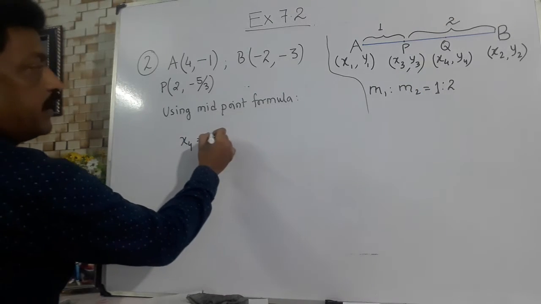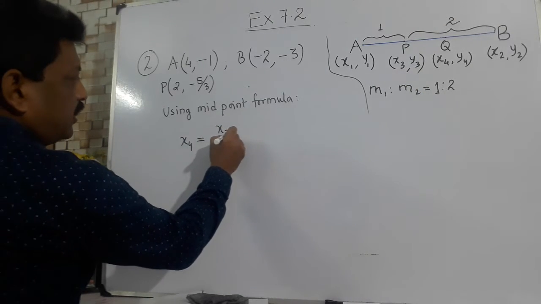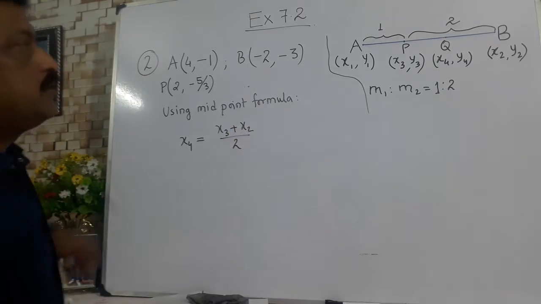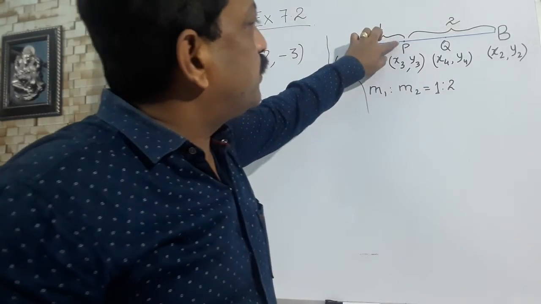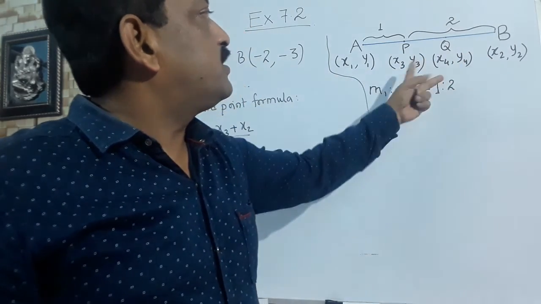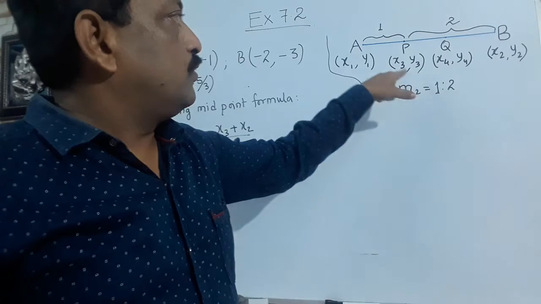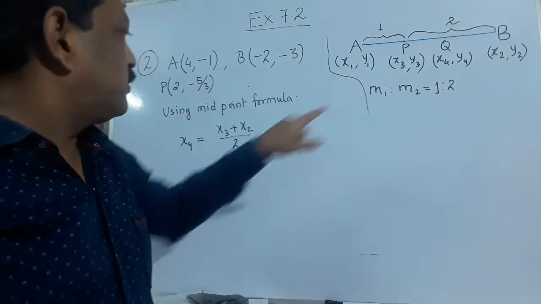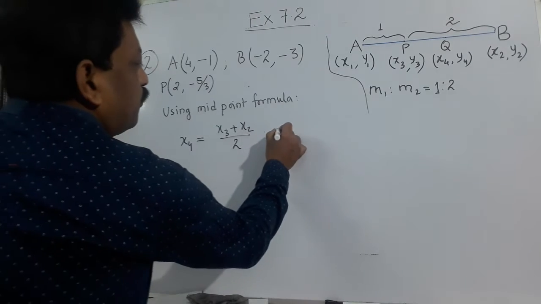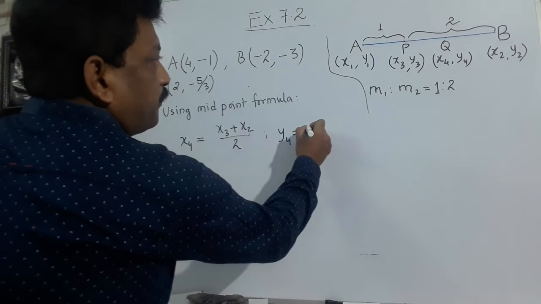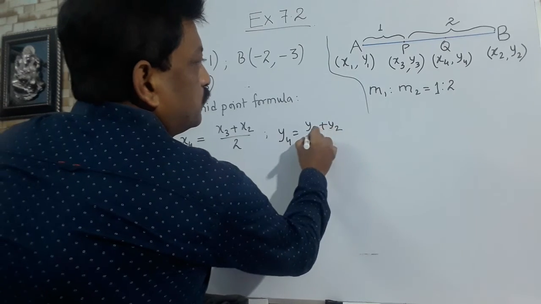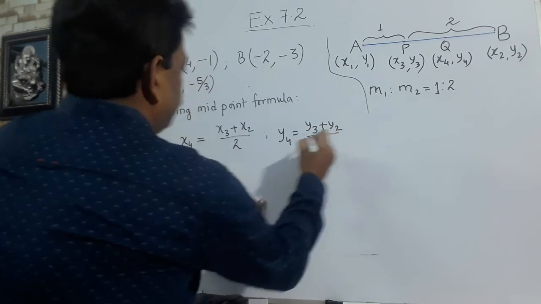So here x4 will be x3 plus x2 by 2. See here, this is P, the coordinate of P is (x3, y3), and the coordinate of B is (x2, y2), and Q is their midpoint. So x4 will be x3 plus x2 by 2. Similarly, y4 equals y3 plus y2 by 2.